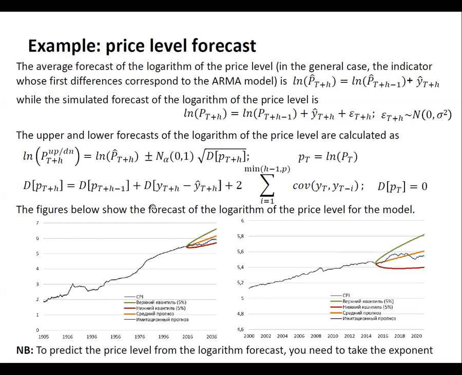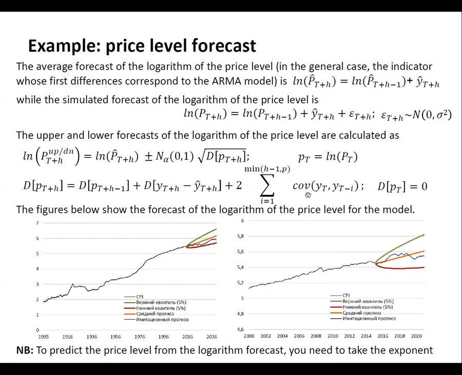The variance of the logarithm of the price level, that is the original series, is the previous variance of the original series plus the variance of the residuals of the first difference model for the current period plus 2 multiplied by the sum of the lag covariance of the first difference from 1 to the minimum of h minus 1 and p.